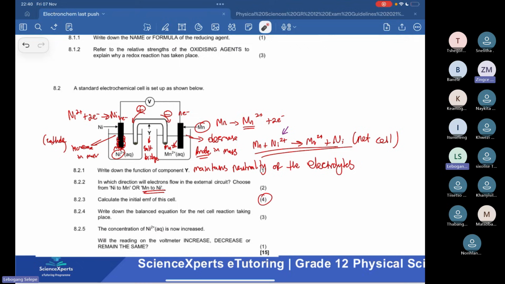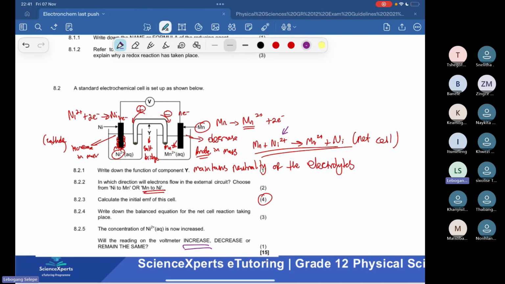Forward. I will favor the forward reaction. By favoring the forward reaction, does my E cell increase or decrease? It increases. They don't even want a reason. You get your free mark.